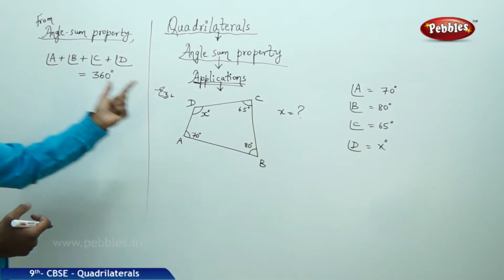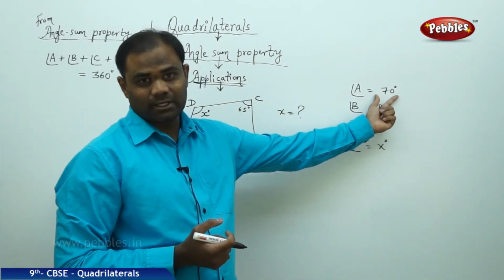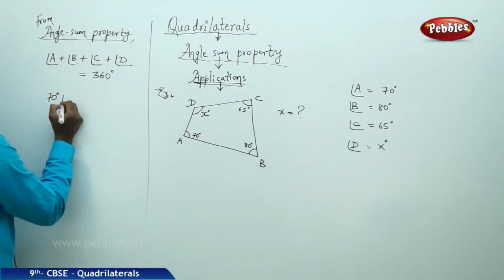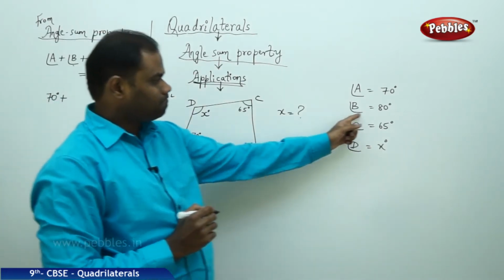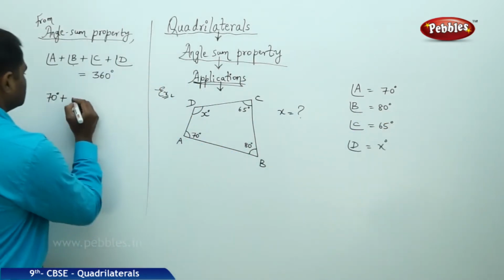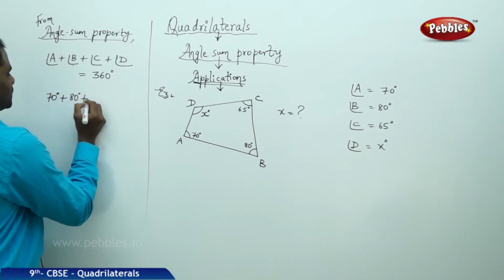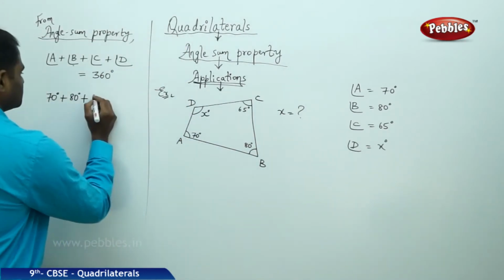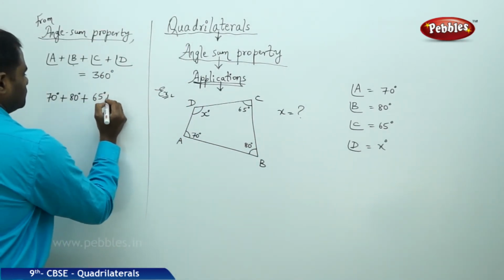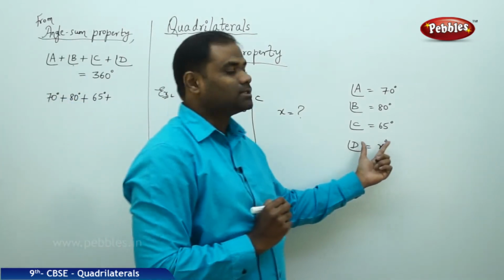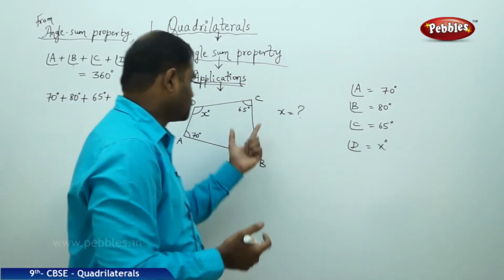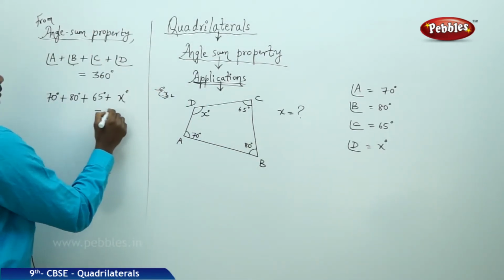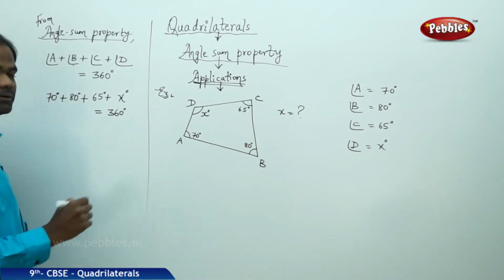So here for angle A, I substitute the value of 70 as given in the problem. So here I get 70, and then my angle B, which is 80 degrees, and my angle C, which is 65 degrees, and my angle D, which is x degrees, which I need to find, is all equal to 360 degrees.